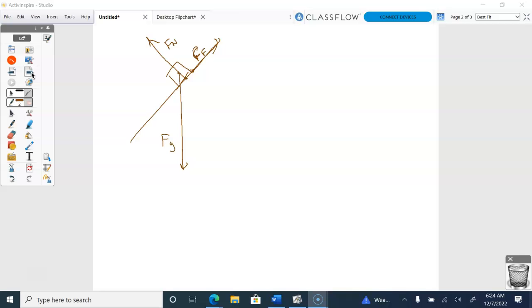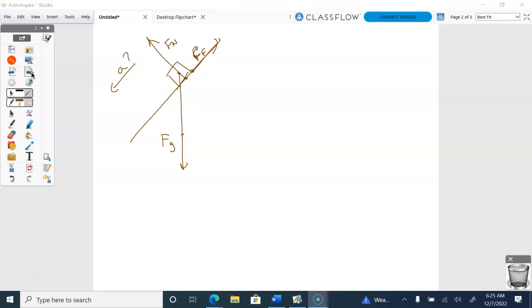Now, the problem with all of this is that it doesn't give me a really good way to figure out how fast this thing would accelerate down the inclined plane. The reason for that is we know gravity's making it go down the inclined plane, but it's pulling straight down and the block's not going straight down.